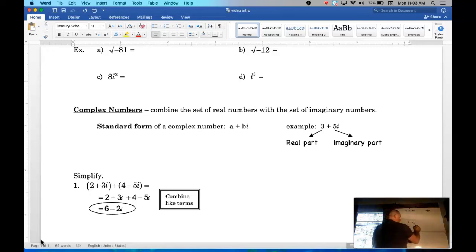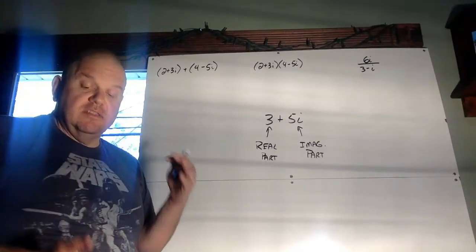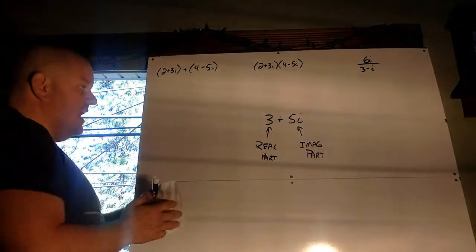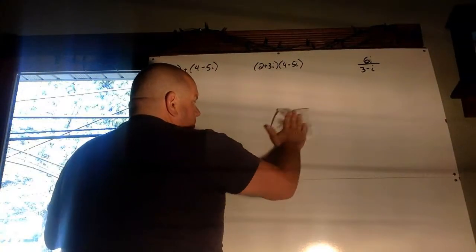Individually, they would be a real number and an imaginary number. Together, they make a complex number. Okay? And with complex numbers, we can do operations. So we can add and subtract them, we can multiply them, and we can divide them.